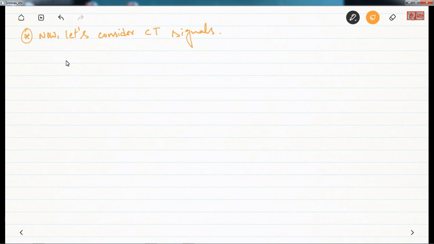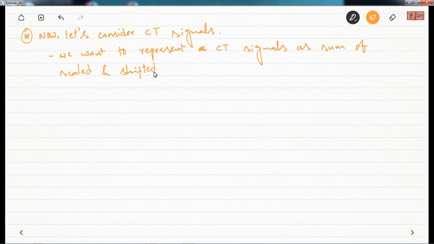And then we wanted to represent a continuous time signal as a linear combination of continuous time signals as sum of scaled and shifted continuous time unit impulses.